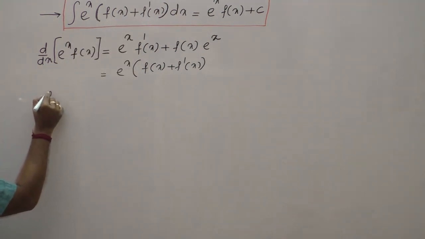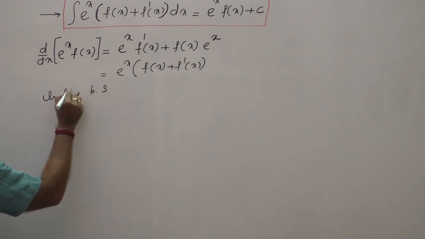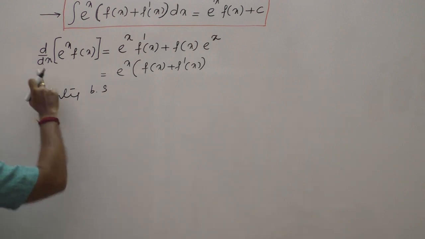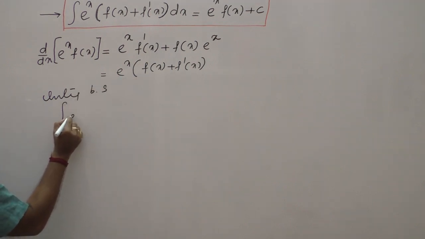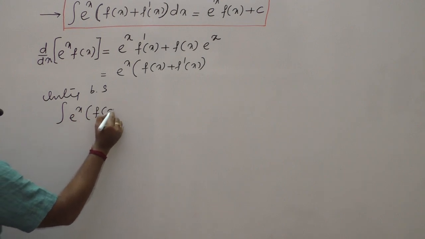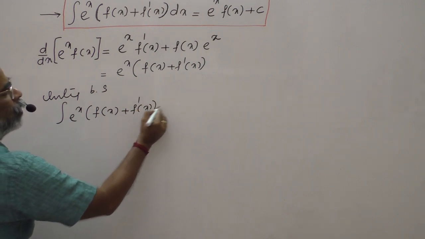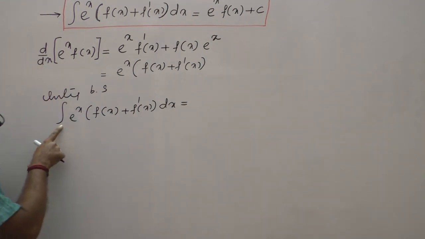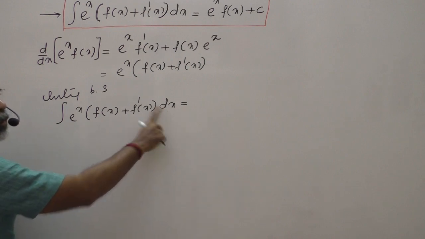Therefore, now integrating on both sides. We have to integrate this, no? Therefore, integral e power x into f of x plus f dash x into dx. When you are integrating, the integral symbol has meaning only when you write dx.